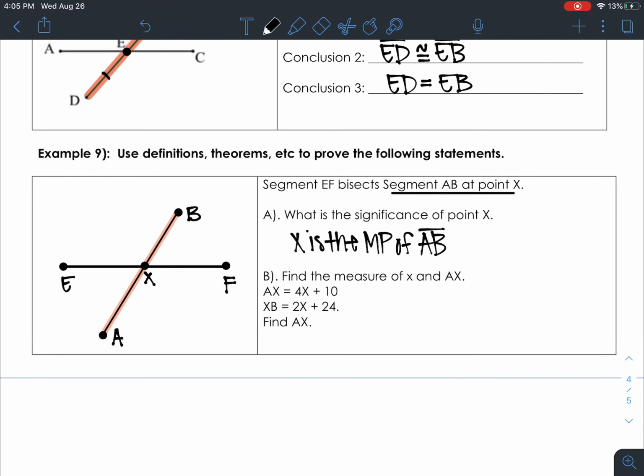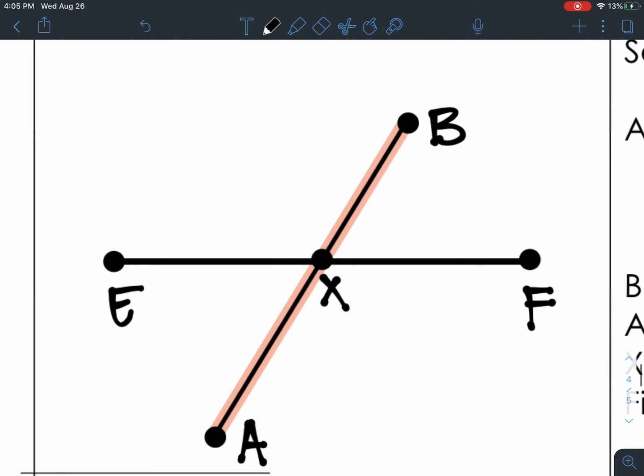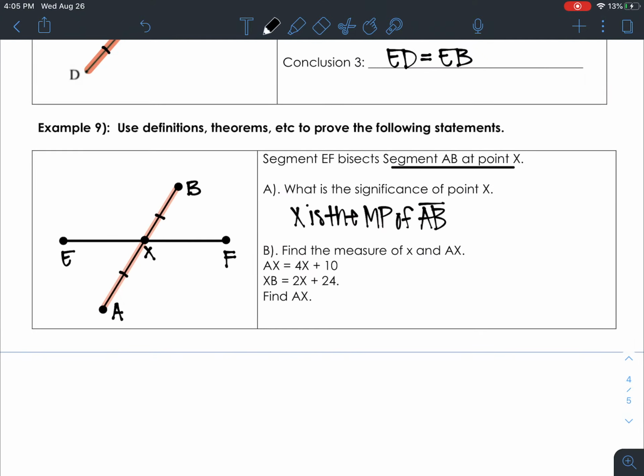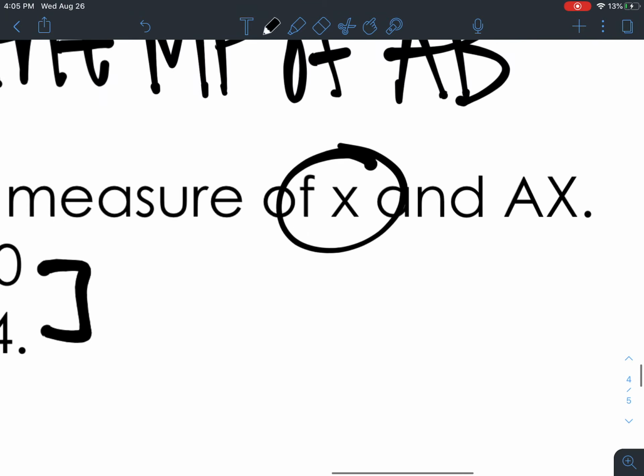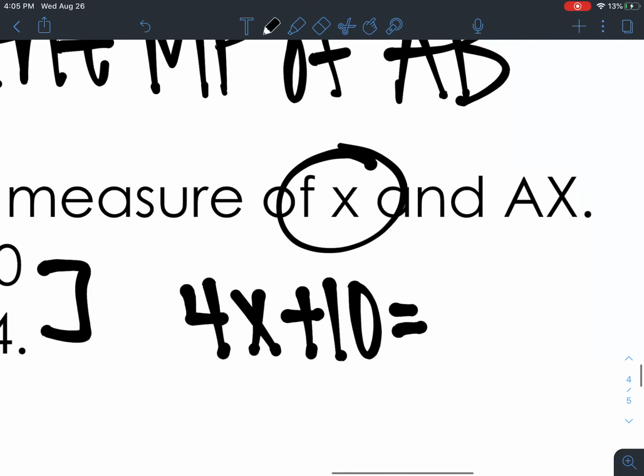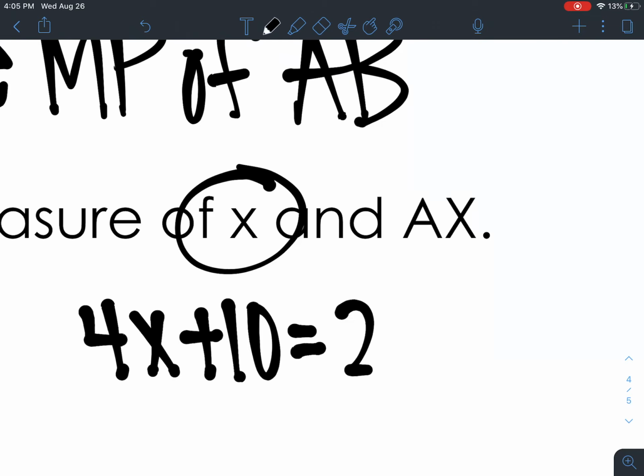Okay, and so if we know that X is the midpoint of AB, what do we know about XA and XB? We know that they are congruent. And if we know that they are congruent, then we know that their lengths are equal, which means to find X, we are going to set these two equal to one another. So I'm going to have 4x plus 10 equal to 2x plus 24.